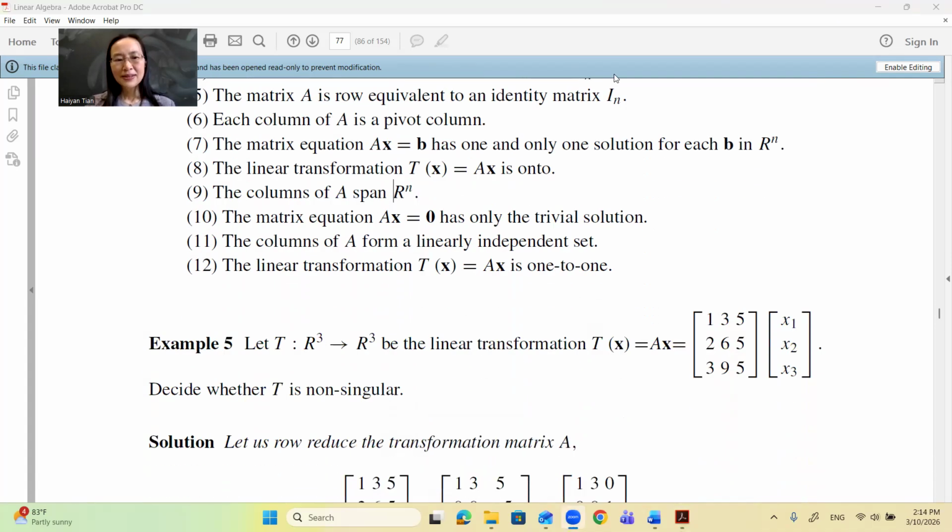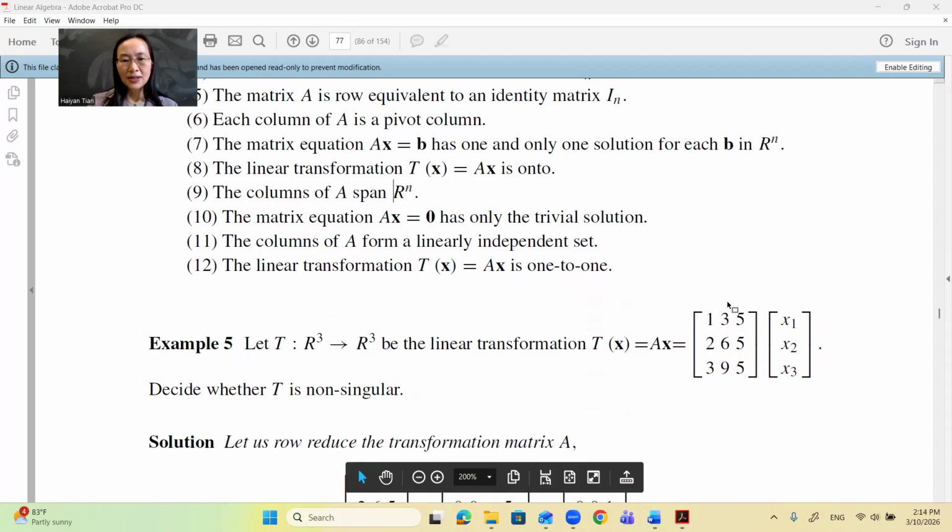So let's decide if this linear transformation is non-singular or not. This linear transformation is defined by a 3x3 matrix A. To know if it's non-singular, let's see if there's an inverse. How do you decide if there's an inverse? You can try to look for it.